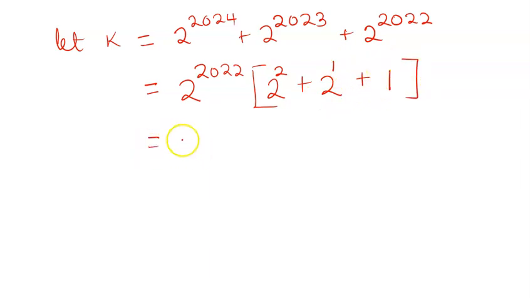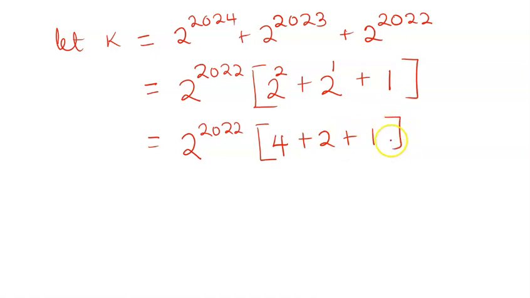Okay, so we have 2 raised to the power 2022 times the bracket 2 squared, which is 4, plus 2, plus 1, and we have 2 raised to the power 2022 times 4 plus 2 is 6, plus 1, that is 7.